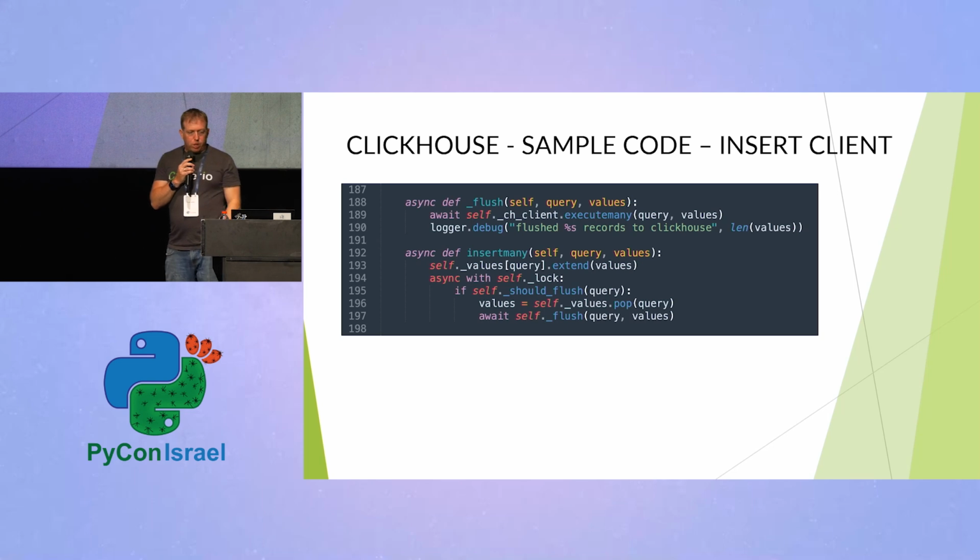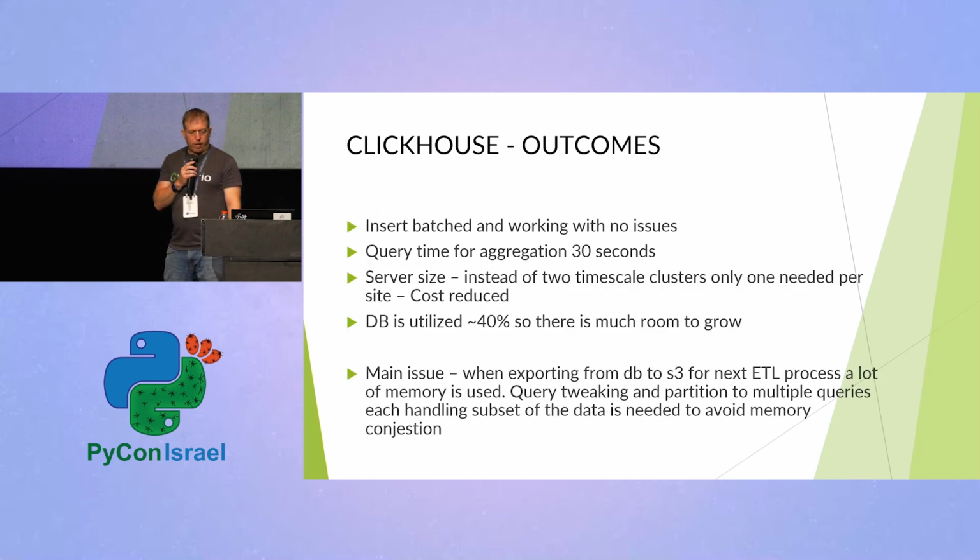When we look at the flush, it's very similar to what we saw before. You have the execute itself, wrapped with a should-flush check that uses the batch size and the time constraints.